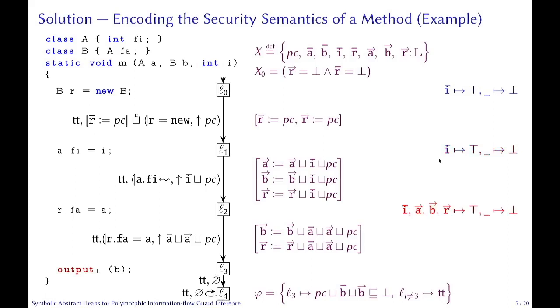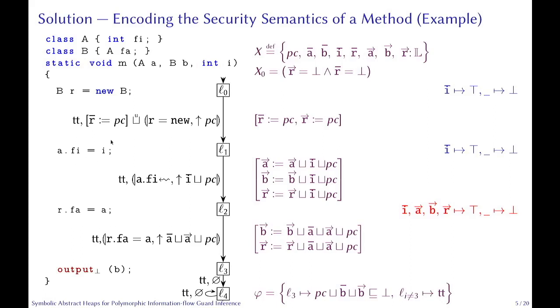And if we continue, here we have raised the value for the security level for every object because we don't know anything about aliasing. Here we could have an alias. So what's happening? Here we have to raise the level of I because we are assigning to the object.